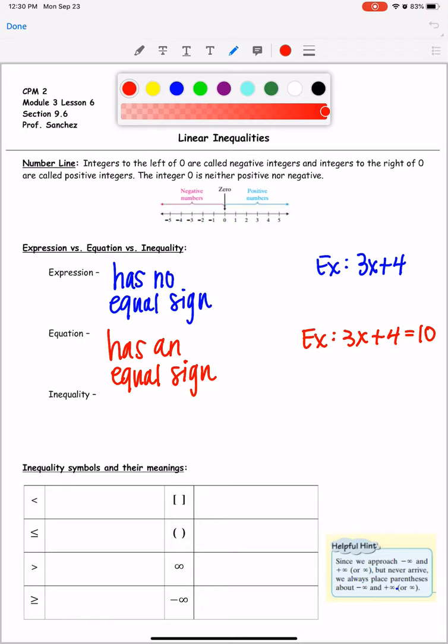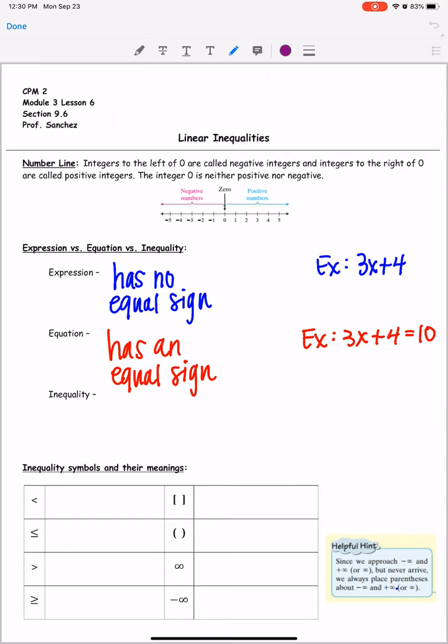And our last definition here is an inequality, and this is what we're going to be dealing with this whole lesson. An inequality has one of the following signs.